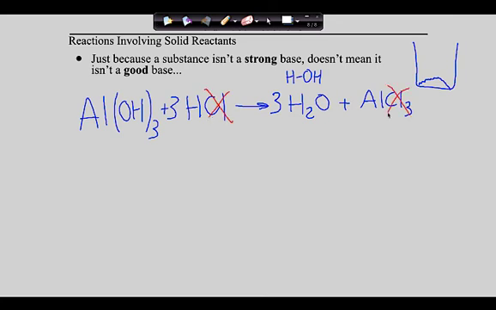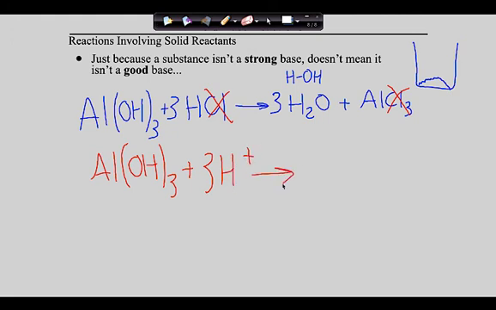So the net ionic equation then is Al(OH)3 plus 3 protons yields 3 waters and an aluminum 3 plus ion. That's the net ionic equation. Your only spectator is chloride. It didn't do chemistry.